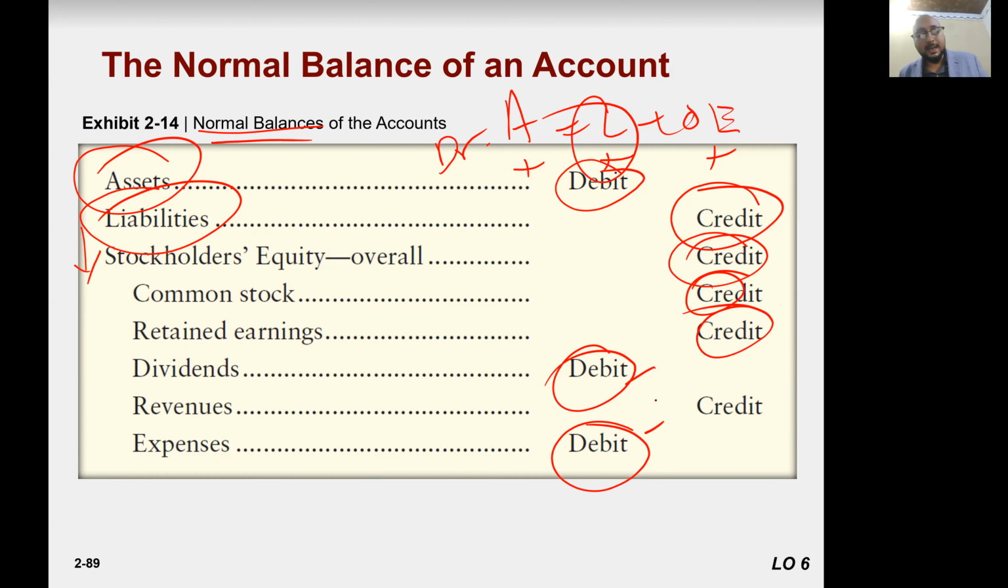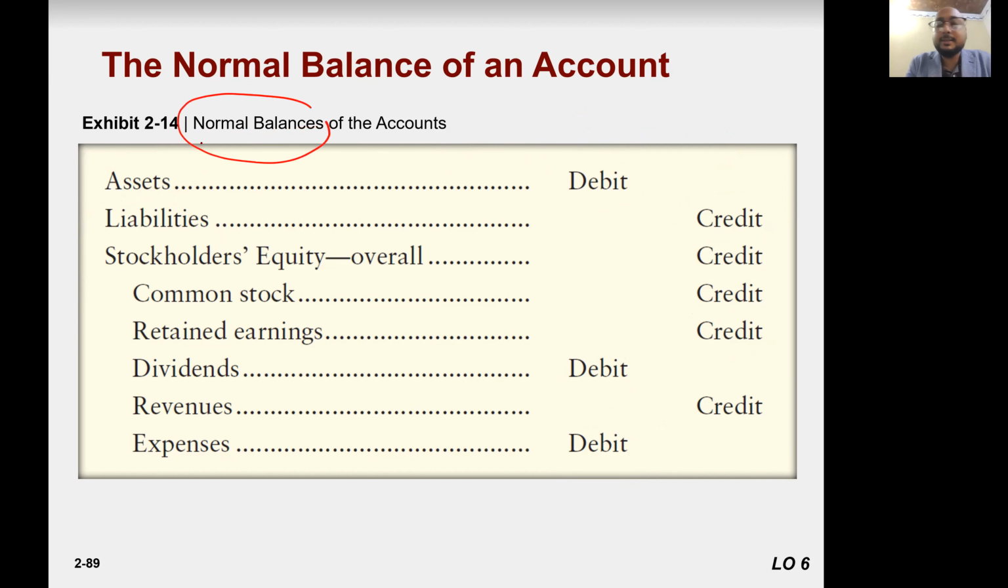If the question is silent regarding the balance, remember that we should follow the normal balance. So normal balances are with the nature of accounts. Dividend belongs to stockholder equity. If dividend is increased, it decreases the stockholder equity, so we call it debit.